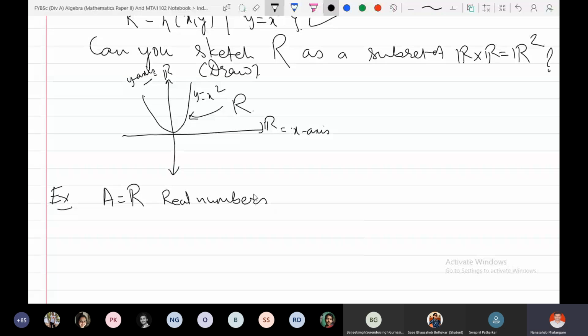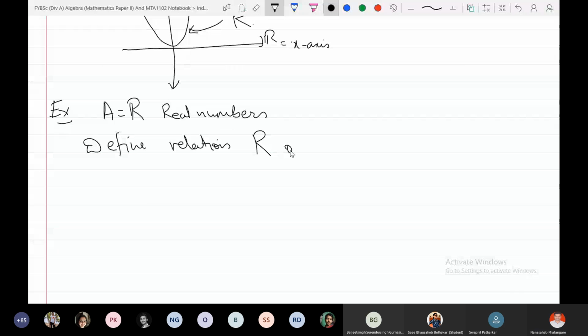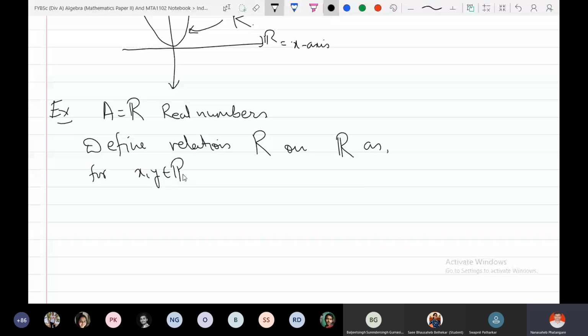Now define a relation R on this set A of real numbers as follows: xy belongs to R, x is related to y, if x square plus y square is equal to 1.